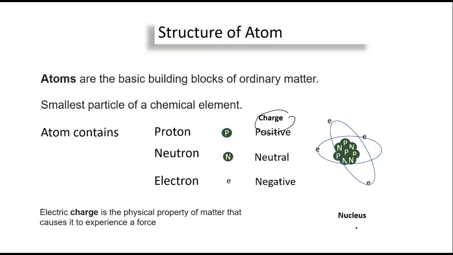Then we studied that every atom has an equal number of protons and electrons. In front of you now there are 4 protons, so 4 positive charges, and neutrons are also 4, so we need not write them here because no charge is there. The atom contains 4 positive charges as well as 4 electrons.